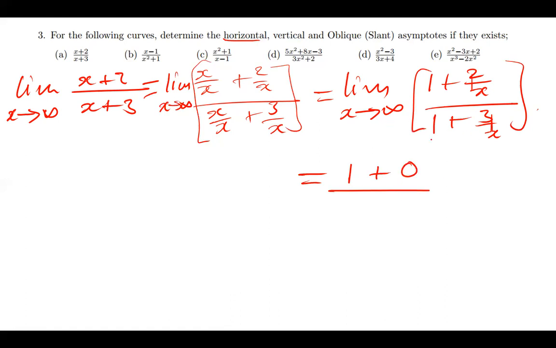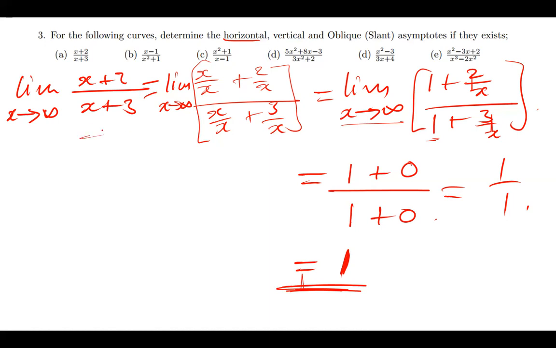And then the limit of a constant 1 is 1. The limit of 3 over x when x is approaching infinity is 0. So when we simplify this, this will be 1 over 1, which finally gives us the answer 1.